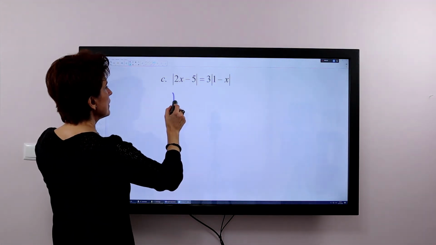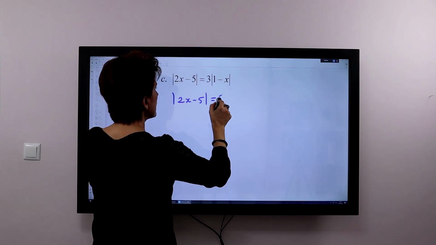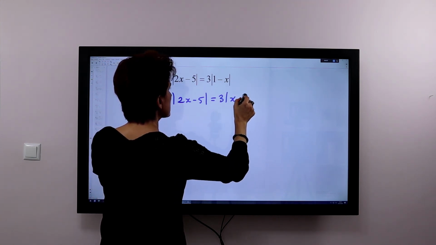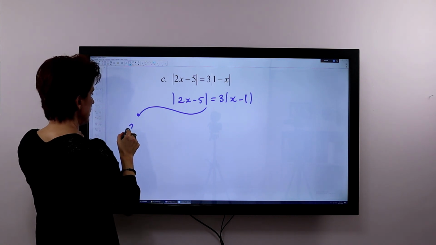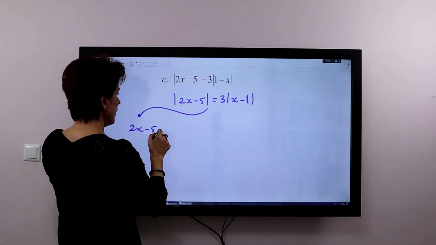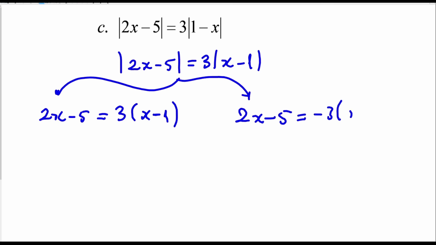Okay, look at this. 2x - 4. I can write this. Okay, again two different options. 2x - 4 = 3x - 1. Okay, another option is 2x - 5 = -(3x - 1).